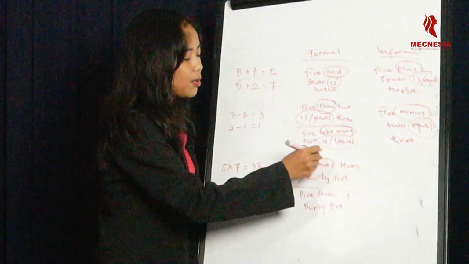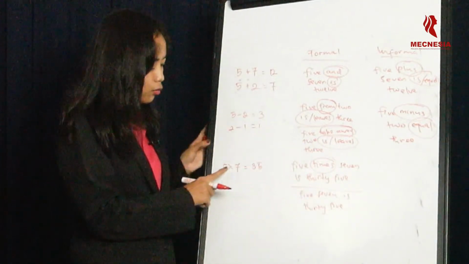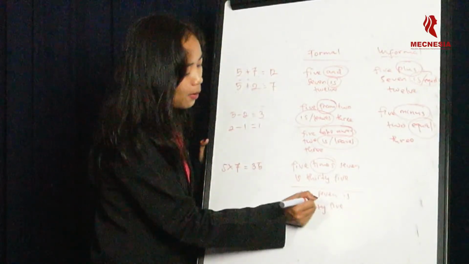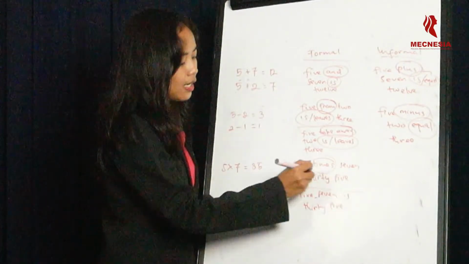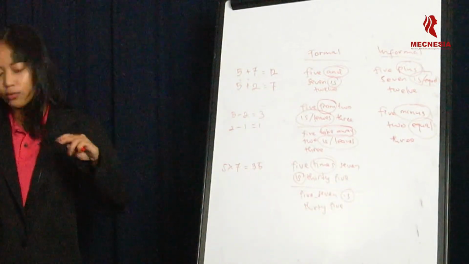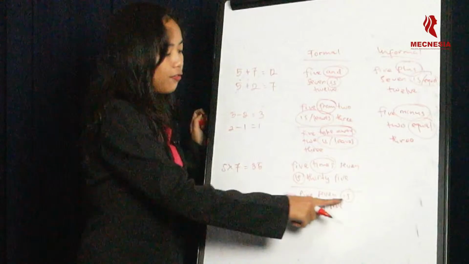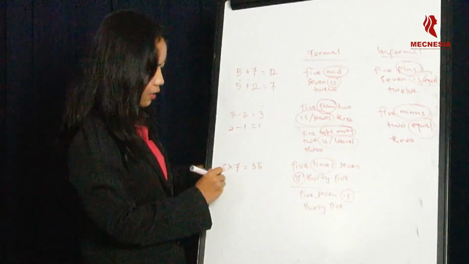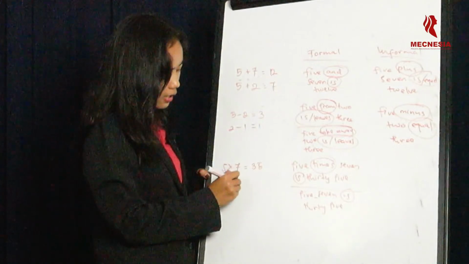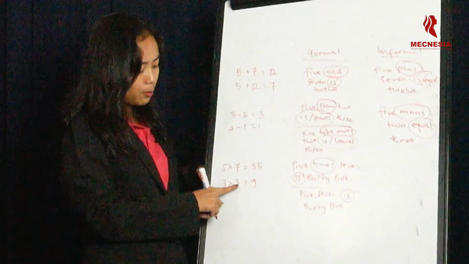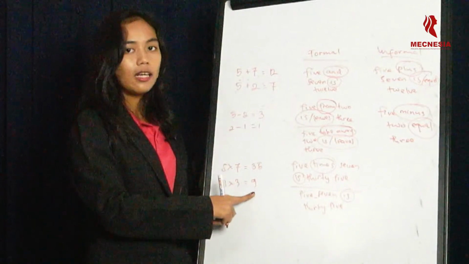Oke, so kita bisa pakai times atau langsung sebut angkanya satu-satu, 5, 7, tanpa kata apapun, and then is or equal. So, the other example, 3 kali 3, 9. Berarti, 3 times 3 is 9.